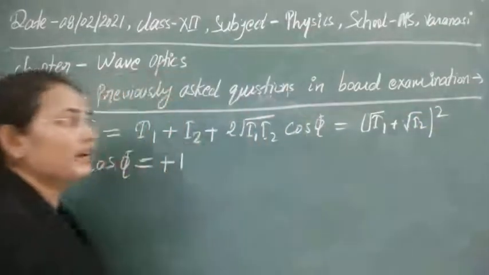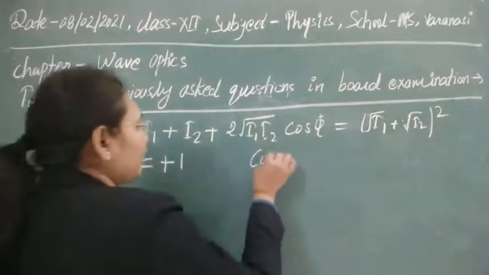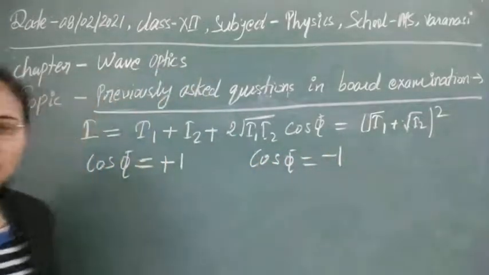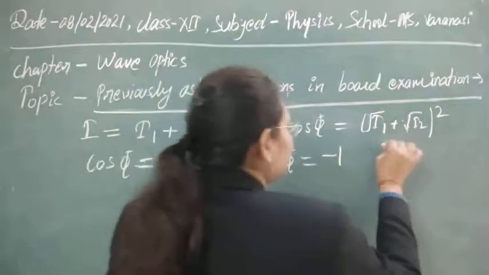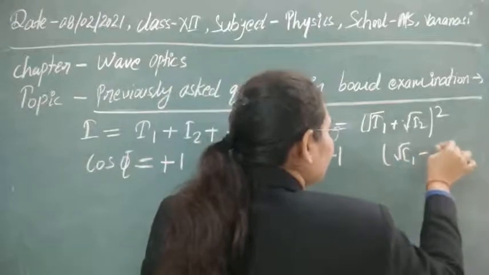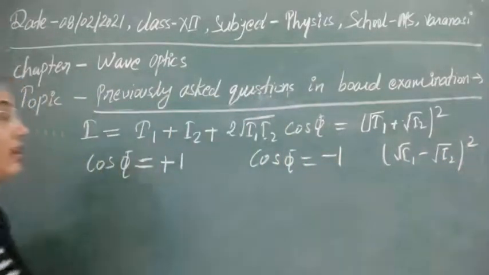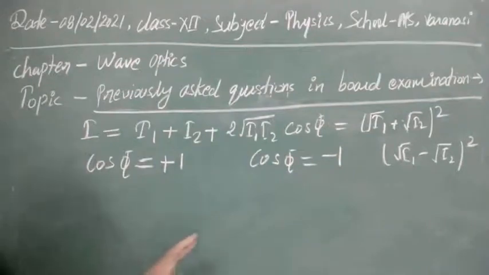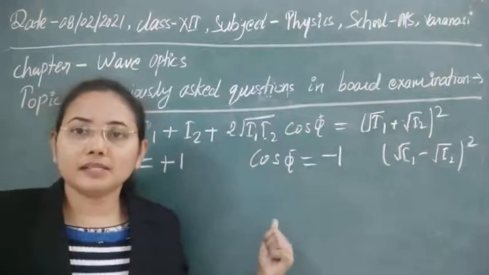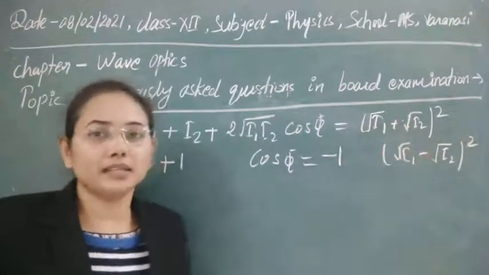And if we put the minimum value of cos phi, that is minus 1, then the resultant intensity obtained is root I1 minus root I2 whole square. So this is the intensity pattern in the case of Young's double slit experiment, or the interference pattern, and this is the maximum and this is the minimum intensity.